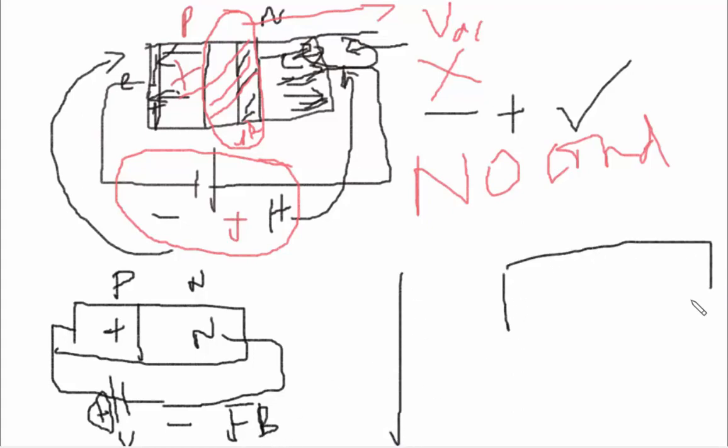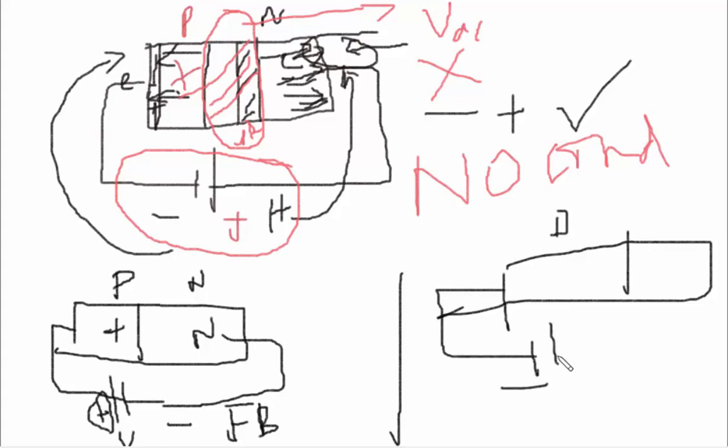When P is applied with negative polarity and N is applied with positive polarity, it is called reverse bias.